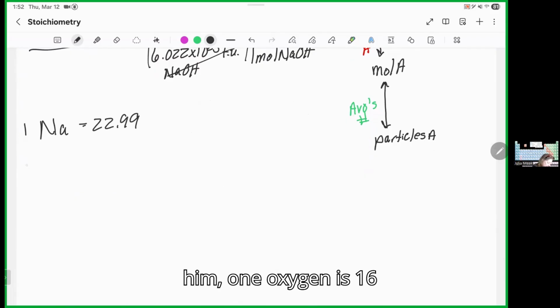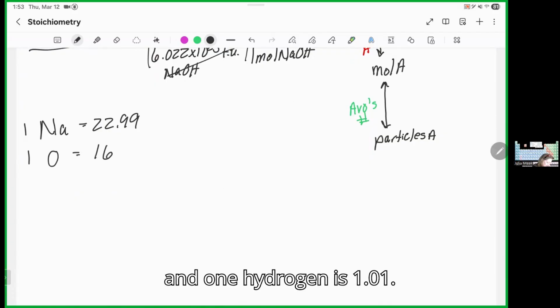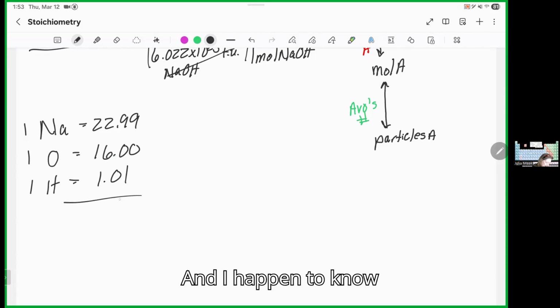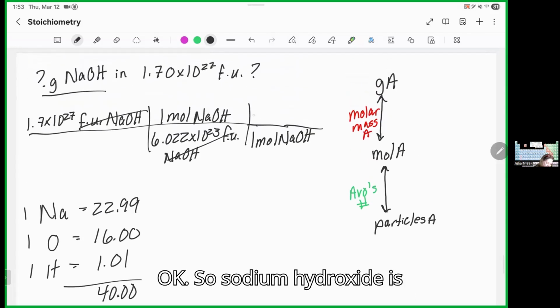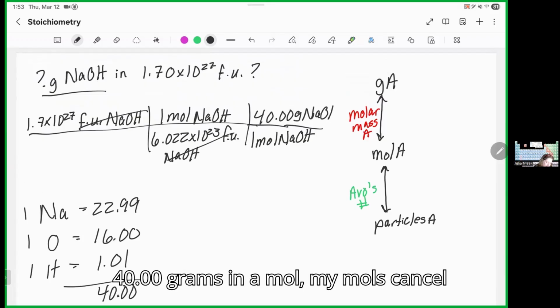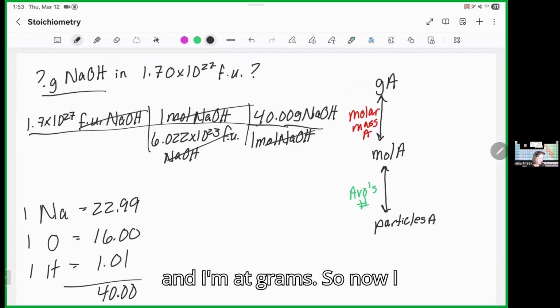There's only one of him. One oxygen is 16, and one hydrogen is 1.01, and I happen to know that that weighs exactly 40. So sodium hydroxide is 40.00 grams in a mole. My moles cancel, and I'm at grams. So now I just do that math.